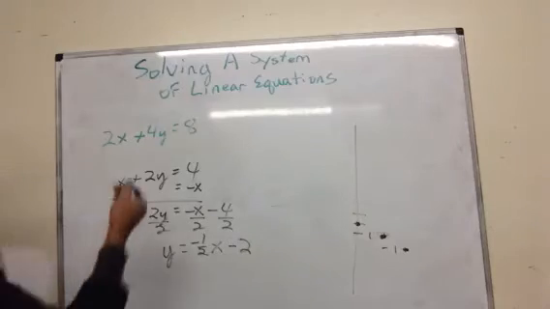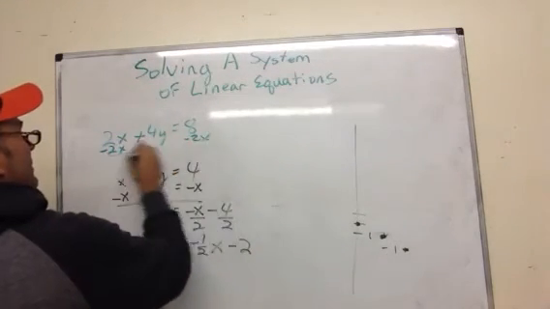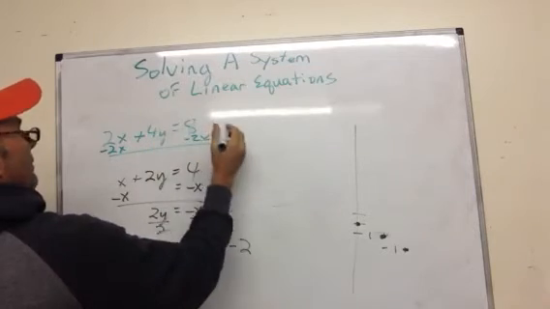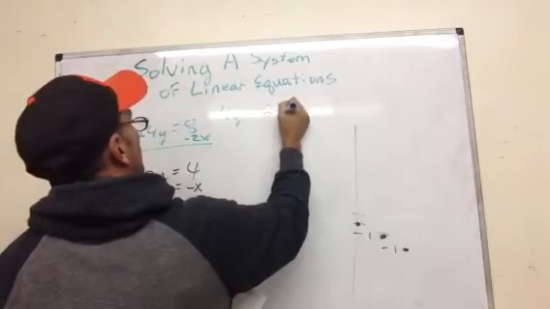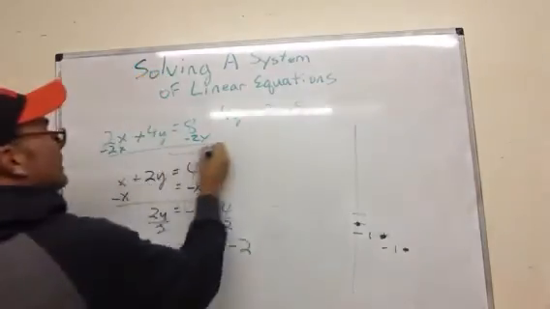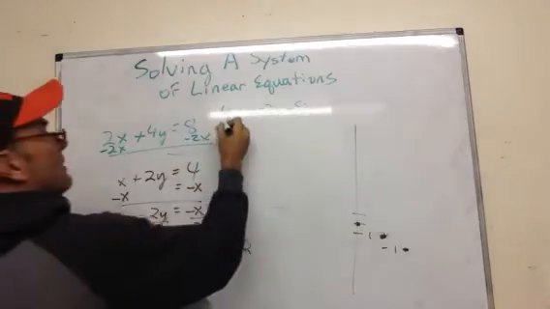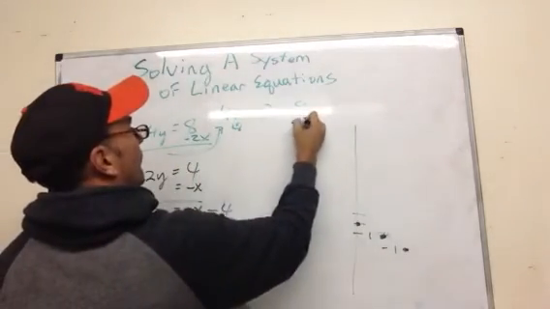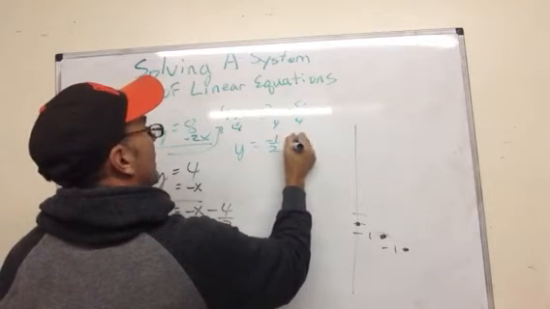The green equation, I'm going to add negative 2x to both sides. I now have 4y equals negative 2x plus 8. Just adding the opposites. Divide everything by 4. I end up with y equals negative 1/2 x.